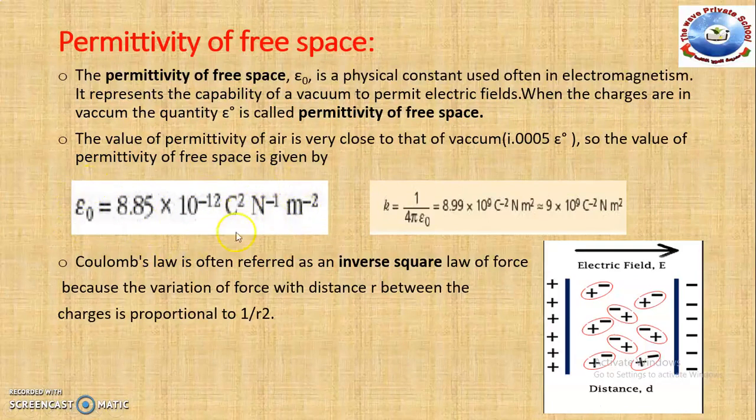This is a specific value that you should memorize. If you put this value of epsilon naught in the equation, K equals 1 over 4 pi epsilon naught, which is about 9 multiplied by 10 to the 9. Coulomb's law is often referred to as an inverse square law of force because the variation of force with the distance r between the charges is proportional to 1 over r square.